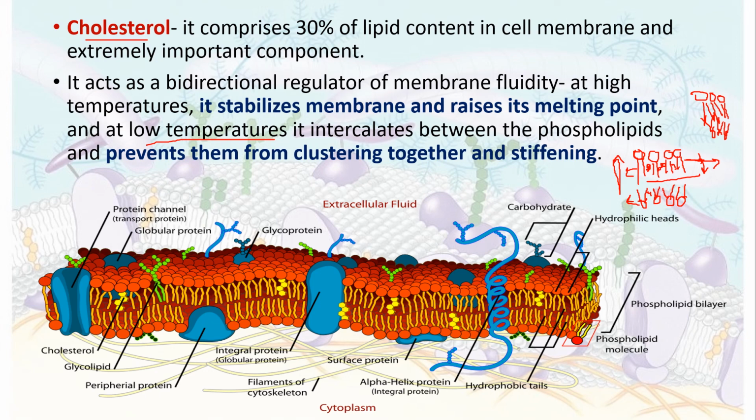With the presence of cholesterol, they cannot come as close together or cluster together, because these cholesterol molecules occupy some space, and due to this space they have difficulty coming closer and stiffening. So cholesterol is very important for the fluidity in the plasma membrane.